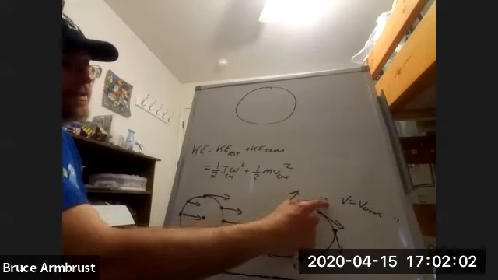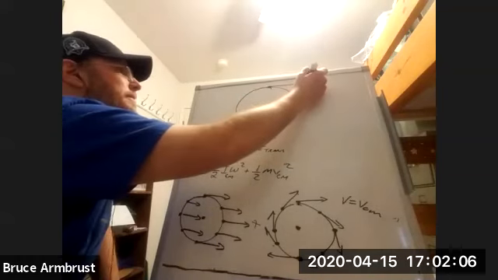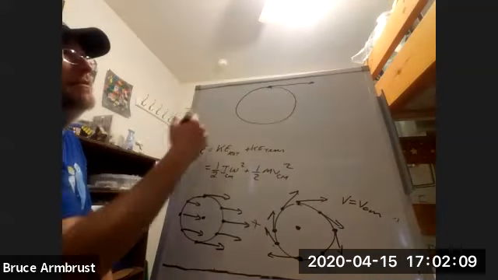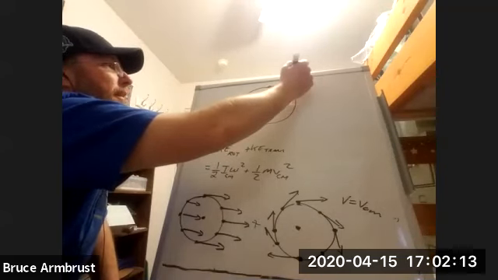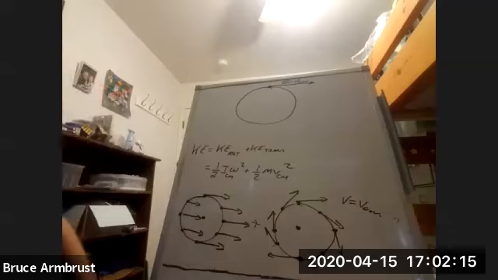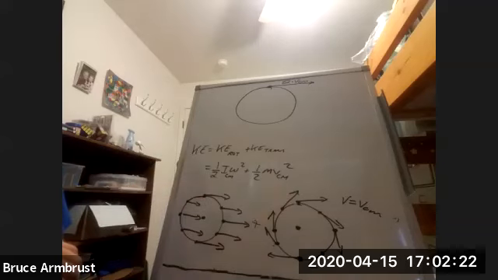They're going to add together. So what we're going to get up here is a vector that's twice as long. And this one's going to be 2 times the velocity of the center of mass. We're getting one of them from the translational and one from the rotational.